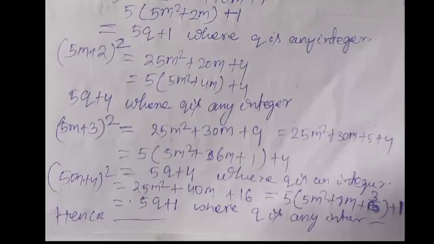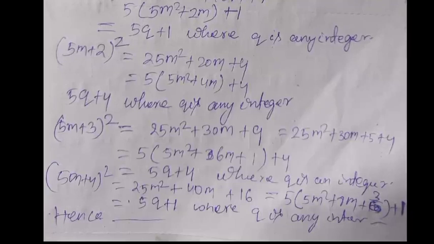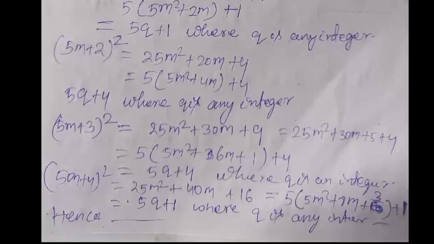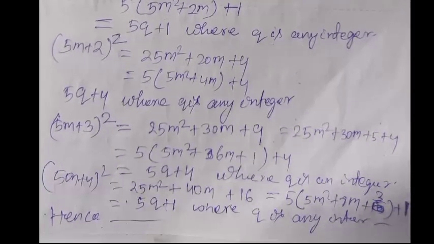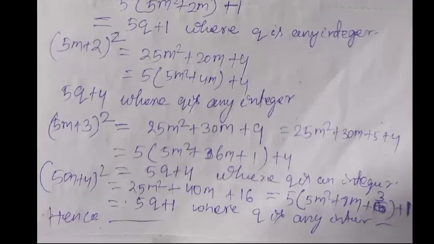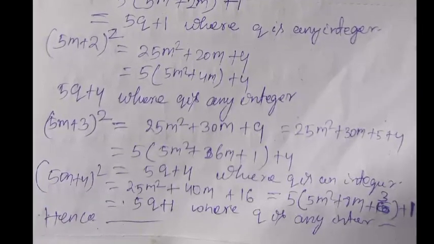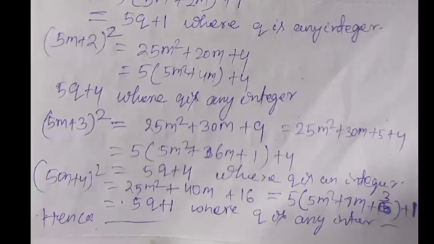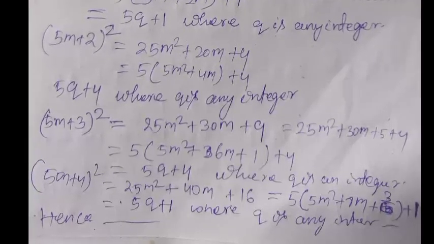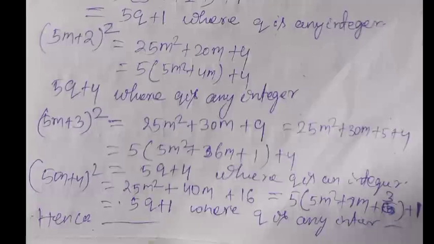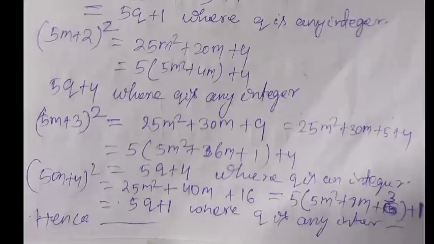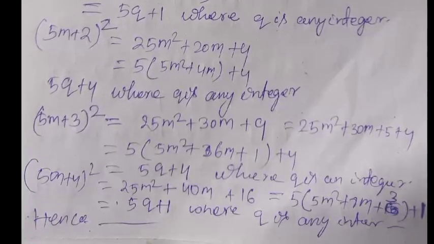Then (5m+4)² equal to 25m² + 40m + 16. We will convert 16 equals to 15 + 1. Then after taking 5 common, it will be converted to 5(5m² + 8m + 3) + 1. It is in the form of 5q + 1, where q is any integer. Hence, as per the question, your answer is given.